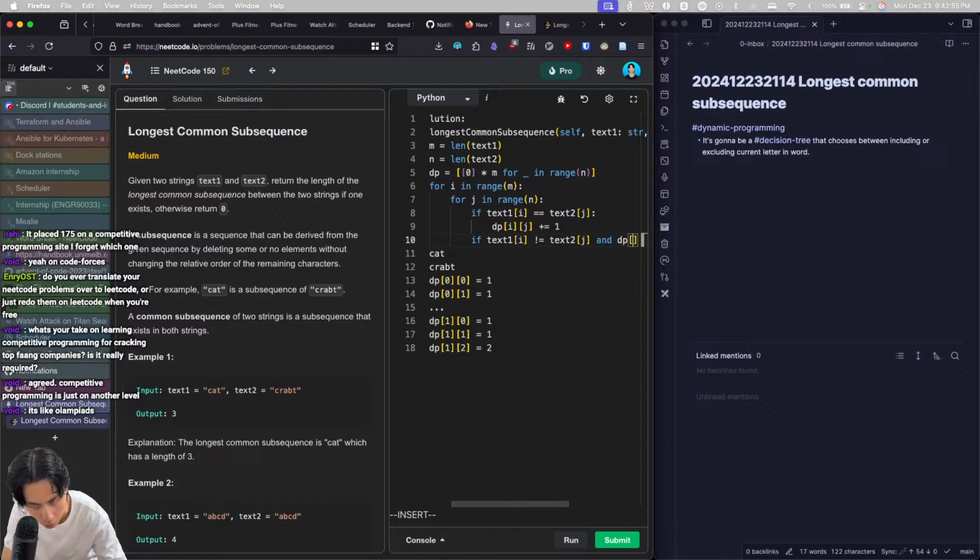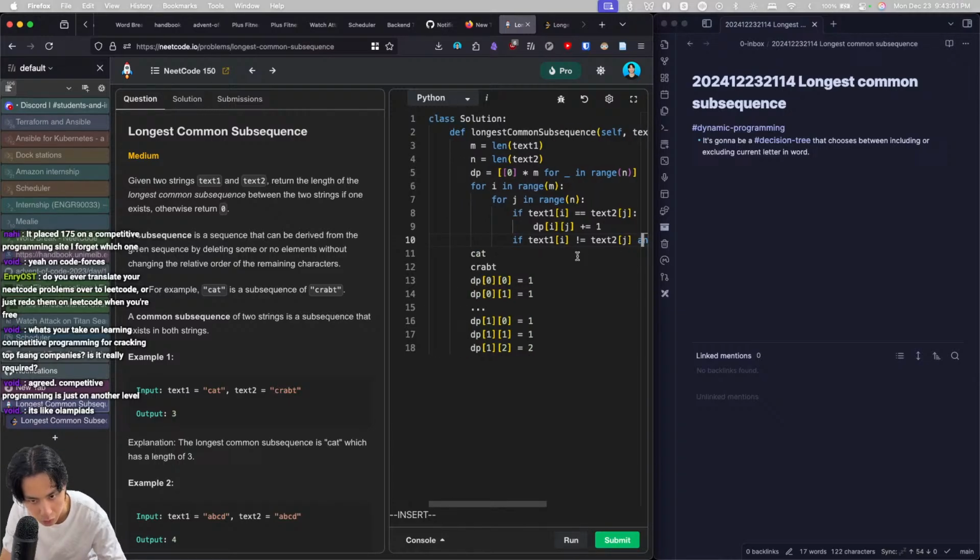and DP of the previous. So how do you denote the previous? In this case, the previous is 0, 0.